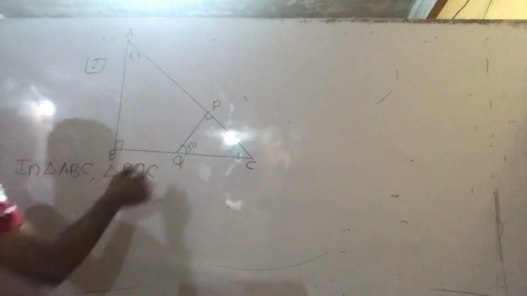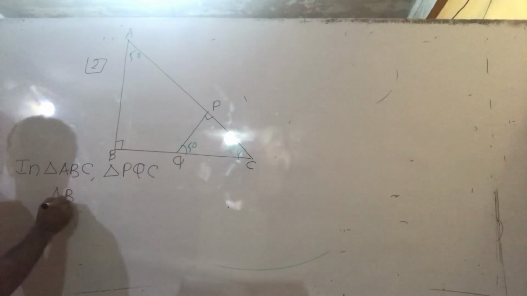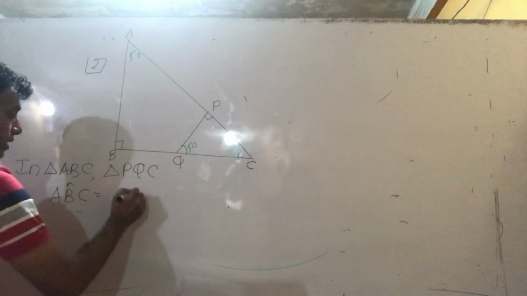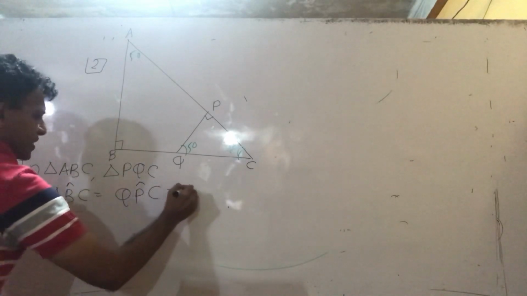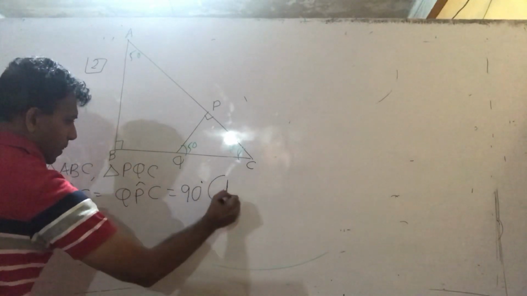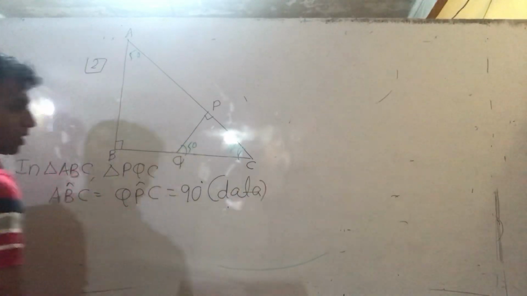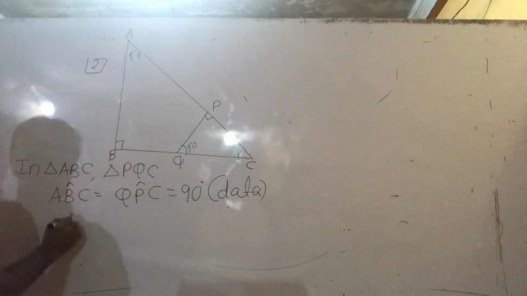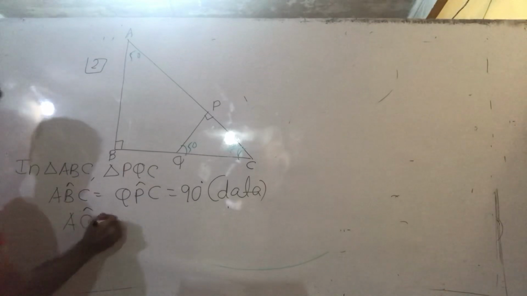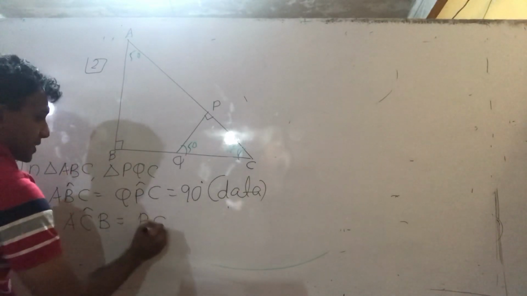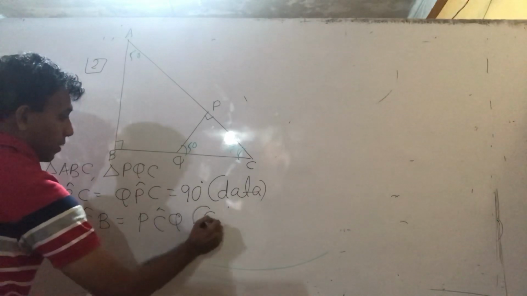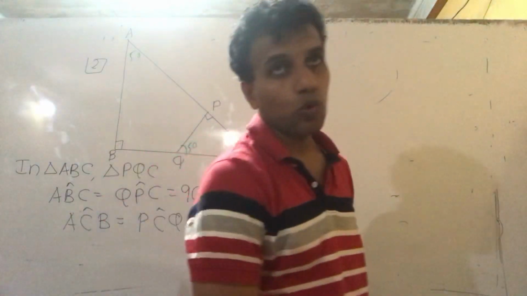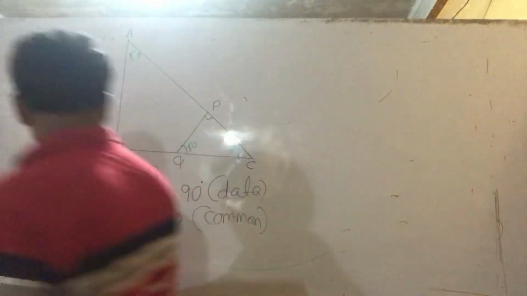This angle ABC equals QPC, equal to 90, they marked that. Next, this angle PCQ, the big one ACB equals PCQ. The reason: common angle. That's enough, 2 angles, said to be equiangular now.